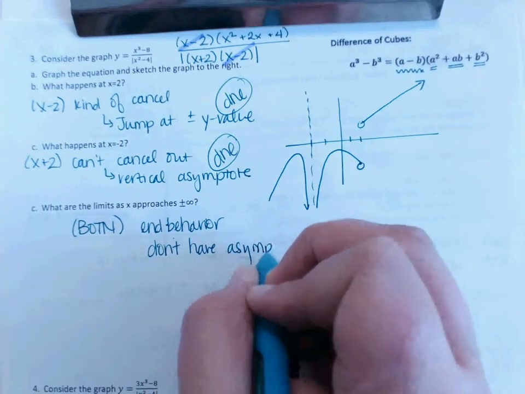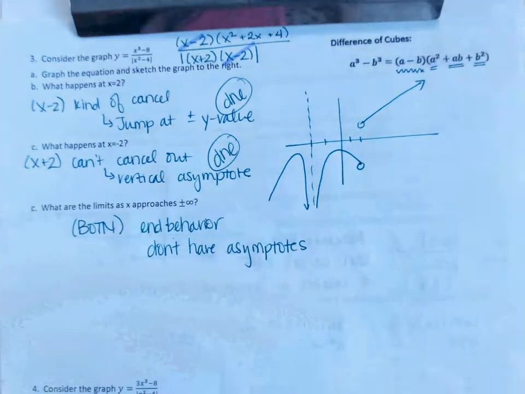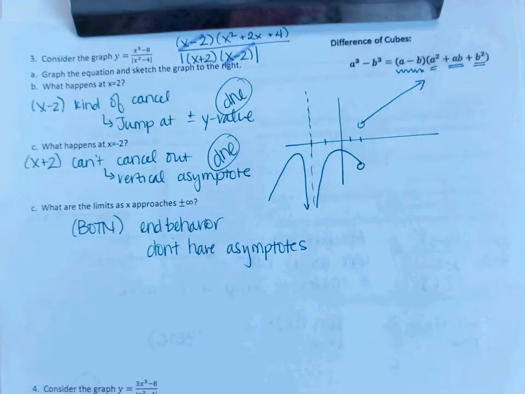They don't have asymptotes, and that's consistent with the Botan rule that you would have expected. Wait, if it's consistent and we get it, why do we still have to do all this? It's really just more for you to understand how they work. Alright, very last one.